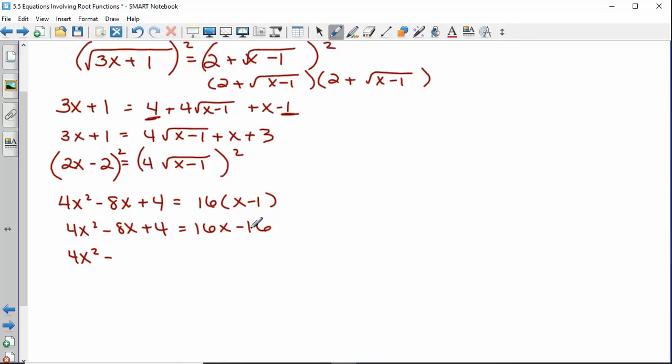So if we set this equal to 0, subtract over our 16x, that's a negative 24. Add my 16, that's 20, equals 0. What do you notice about that?